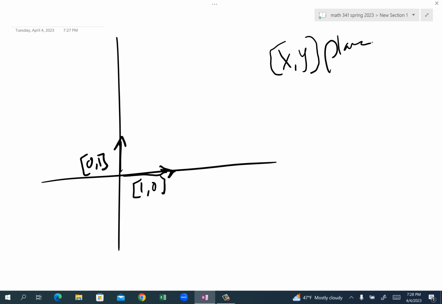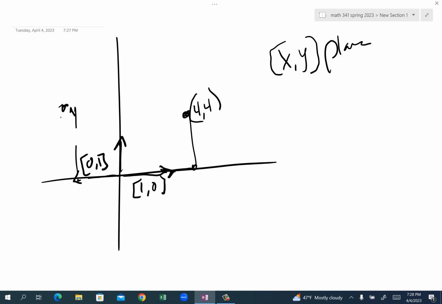Well, for instance, let's suppose I want to get the point 4, 4. I would take 4 times this one, 4 times this one, and that's where I would land. What if I wanted to get the point -2, 8? Well, I would take -2 times this one, and then go up 8 on that one, and I would get that point right there. And if I did it an infinite number of times and places, I would end up creating the entire xy plane.